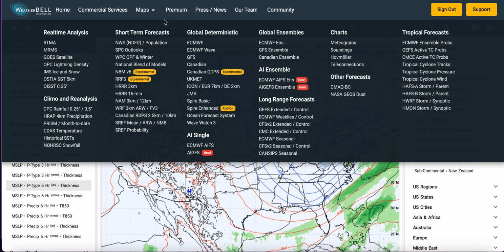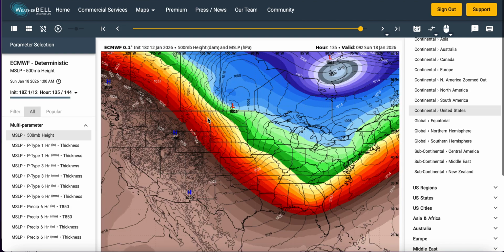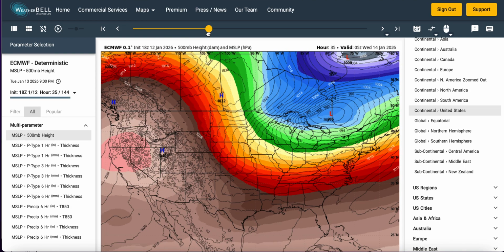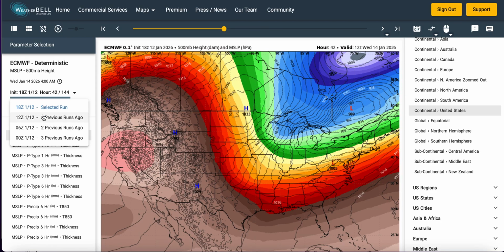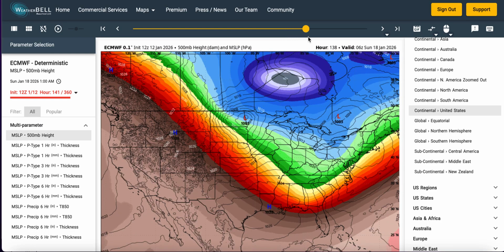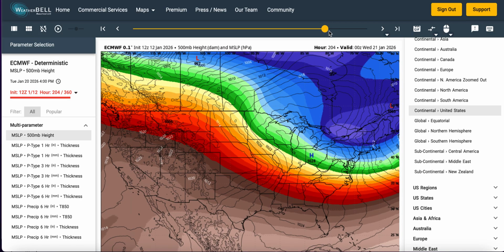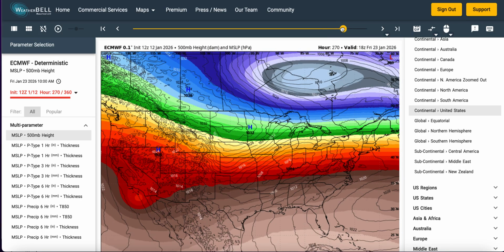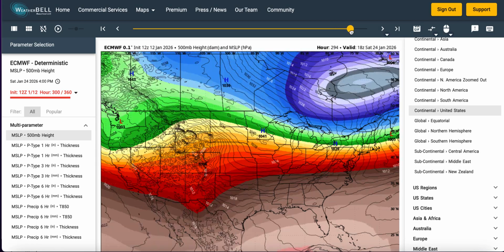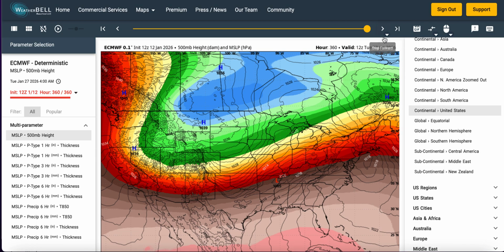I'm going to put a different view here. You can basically see you have this persistent ridge out west. Everything's getting sent further east until maybe, looks like maybe on the 23rd, 24th, we start to get some troughing out west again.